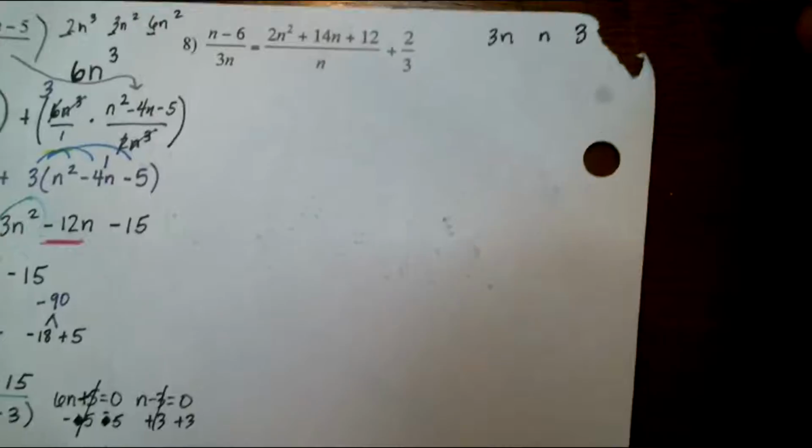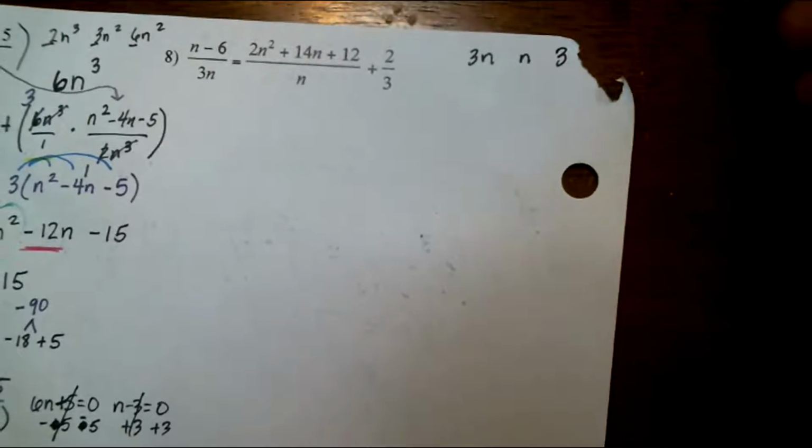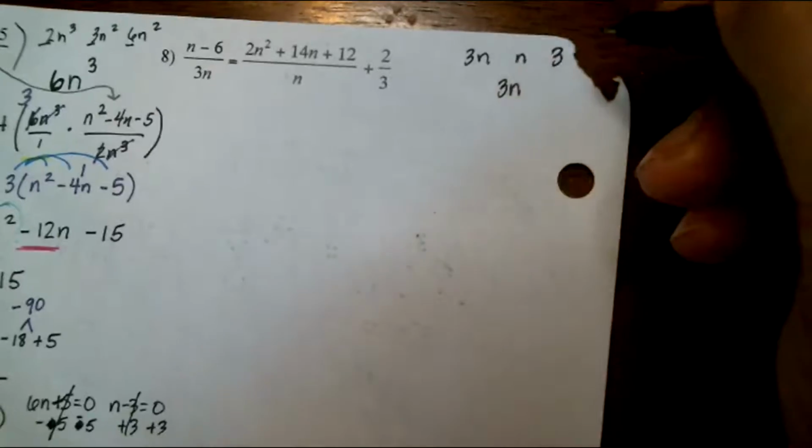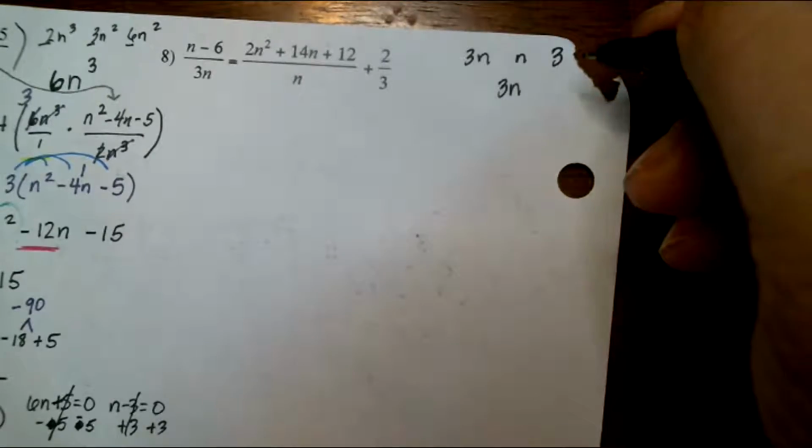N minus 6 over 3n equals 2n squared plus 14n plus 12 over n plus 2n over 3. So I got 3n, I have n, and I have 3. Normally go to your largest one, which would be 3n here, and ask yourself, will that cancel everything else out? It does here. So it'll cancel the 3 and the n.